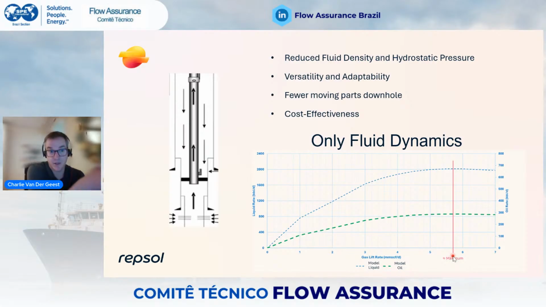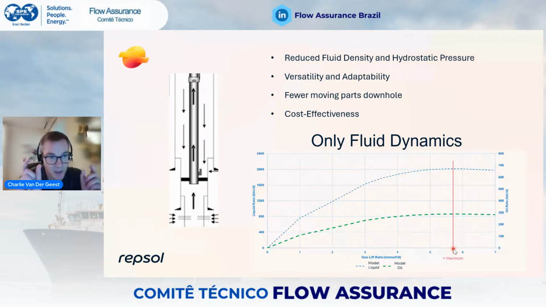In this case, it's a real simulation. You have also water here, of course. That's why you have liquid rate higher than crude rate, right? But the point here is that's a maximum. And if you're only considering the flow in your system, then this is the point where you say, oh, I want to inject 5.6 million standard cubic feet per day, and that's it, right?